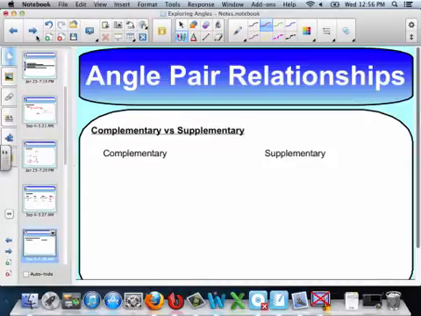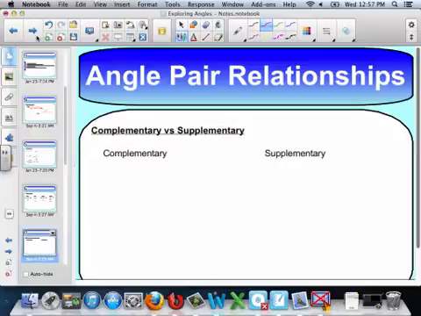These aren't new terms, but for some of you, they might feel like they're new. Complementary versus supplementary. Dylan, think back to your lesson you had to do yesterday. What is complementary? When two angles add up to 90.